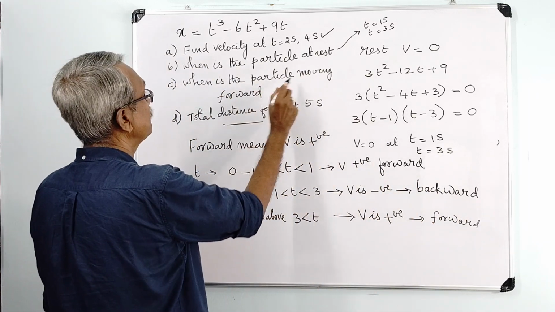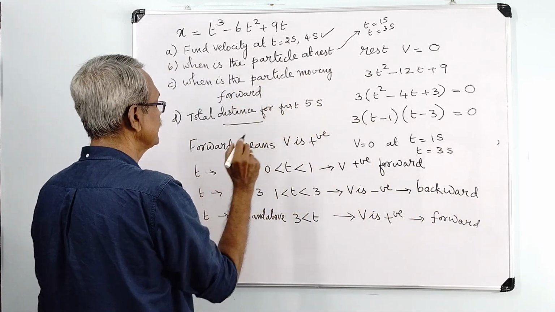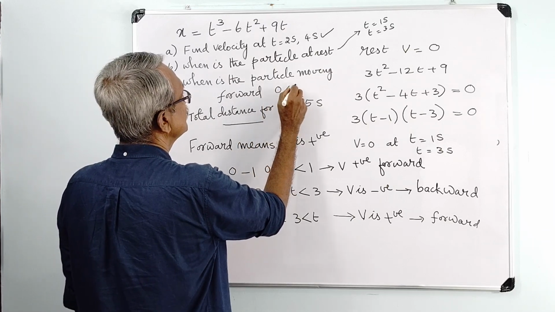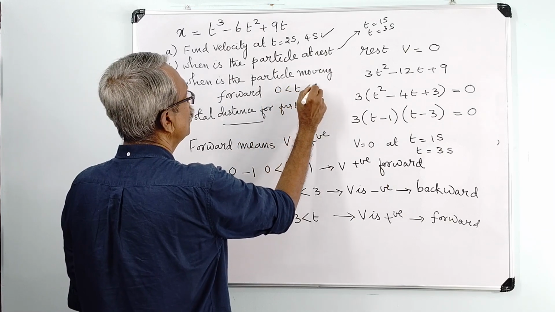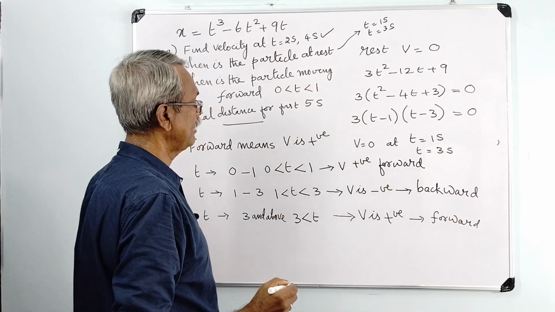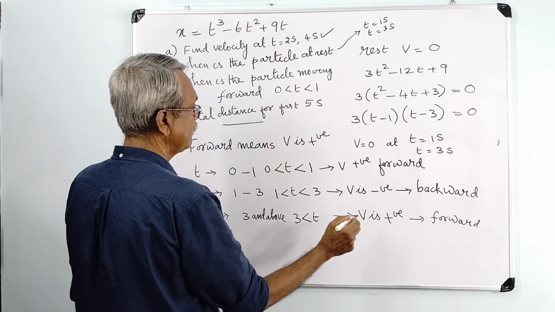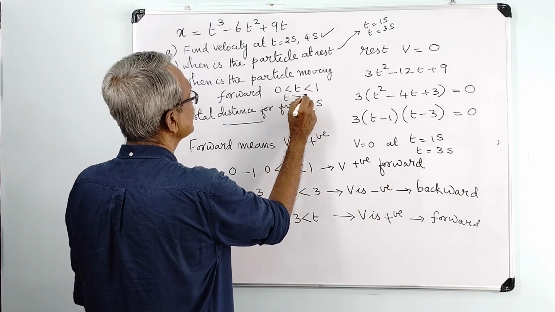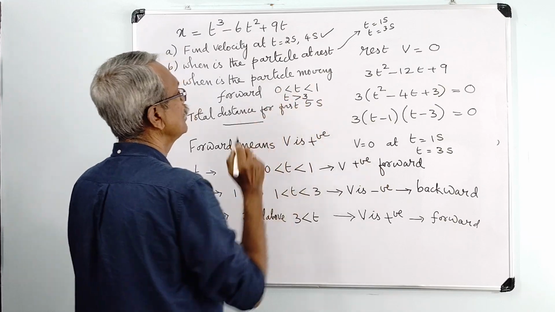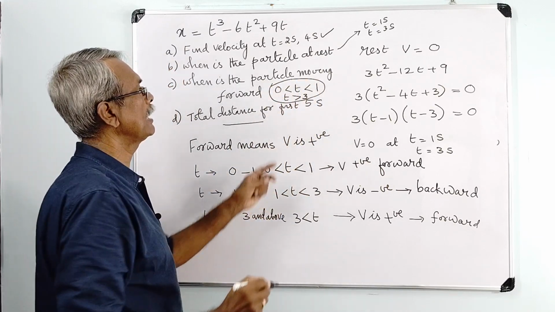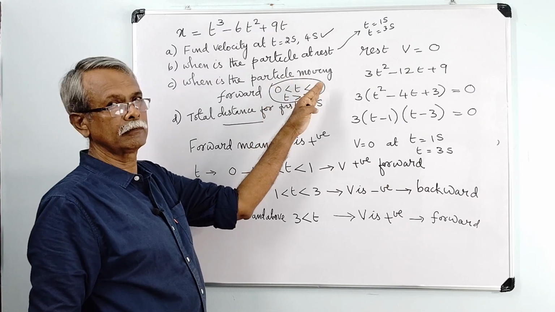Therefore, the particle is moving forward when t is greater than 0 and less than 1. When t is greater than 3, then also it is moving in the forward direction. Therefore, it moves in the forward direction from 0 to 1.